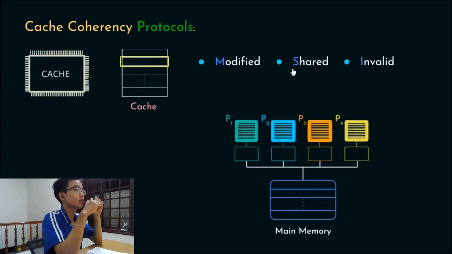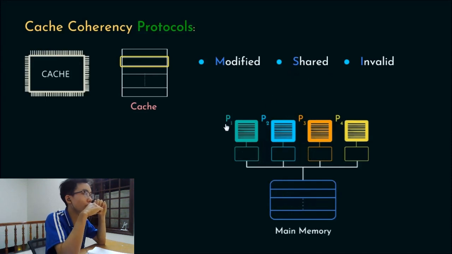However, if some other processor operating on the same data modifies the content prior to ours, in that case we change the state of that particular line inside our cache from shared to invalid.